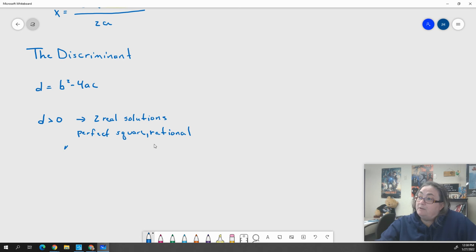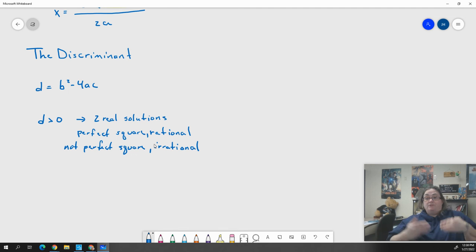Not a perfect square, we would say that they're irrational, right? We'd still have two of them. They'd still be real solutions. If that's a perfect square, they're rational. If it's not a perfect square, they're irrational.